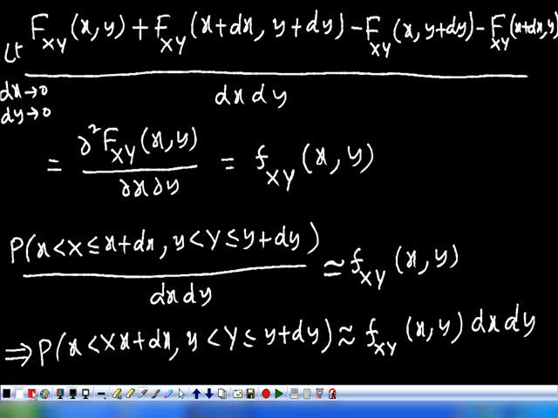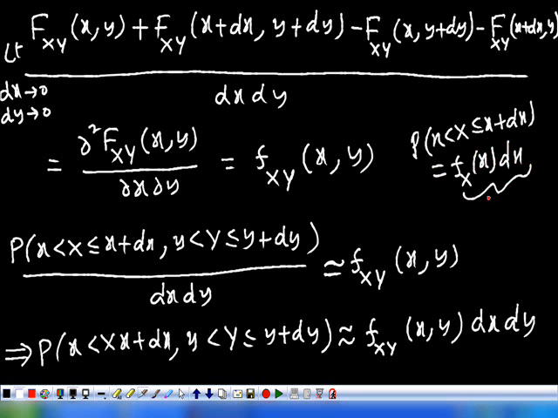See, this relation is similar to the relation that we already derived. The probability of x lying between x and x plus dx is equivalent to fx of x into dx. We call this the probability element of the random variable x. We already derived it in the case of one random variable.